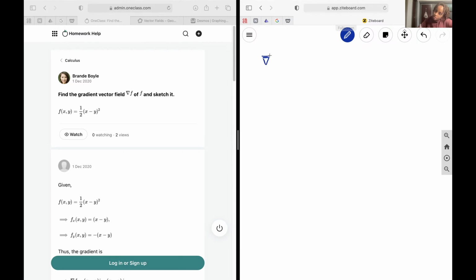We need to recall that this is equal to d over dx, d over dy. When I take the gradient of the potential, I will get the derivative of f with respect to x in the i component, plus the derivative with respect to y in the j component. Let's go about finding each of those.